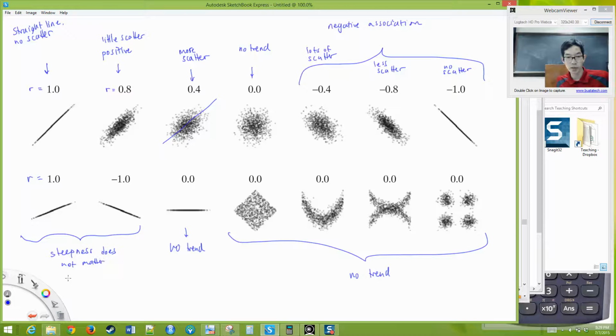It's the amount of scatter and the direction that matter. The steepness only matters if it becomes perfectly flat, and then you no longer have a positive or negative direction.